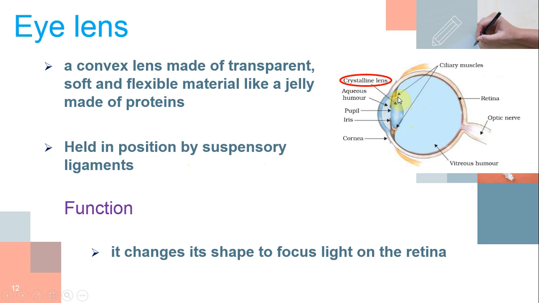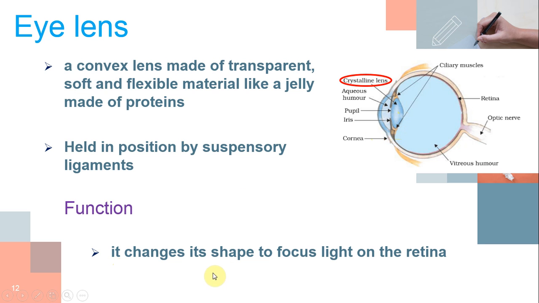Here the light orange color is the ligament. The eye lens is connected to the ligament and the ligament is connected to the ciliary muscles.